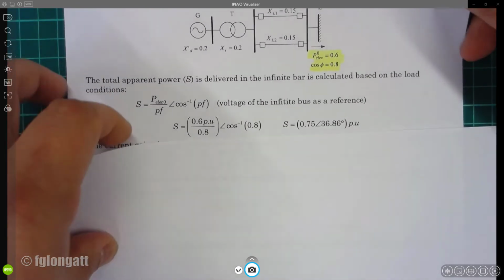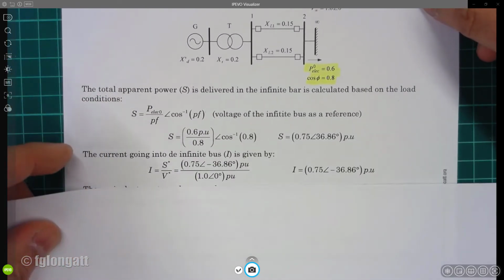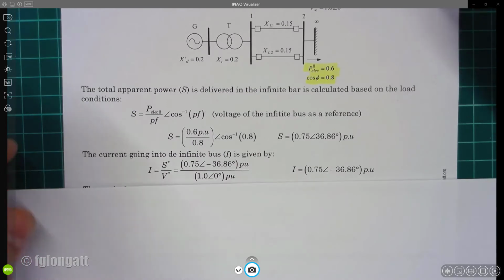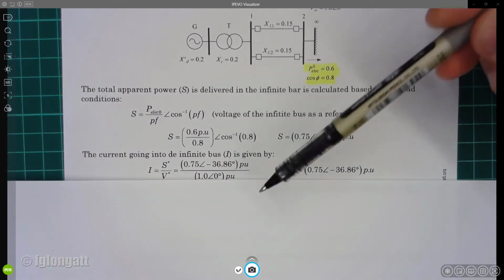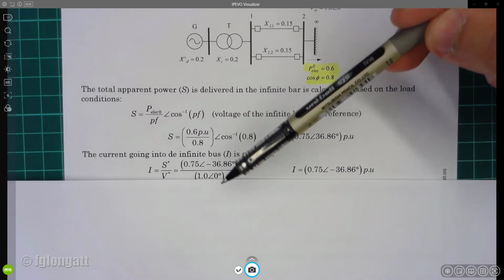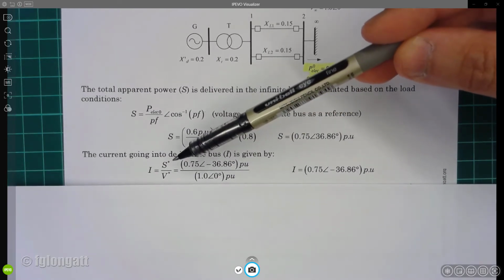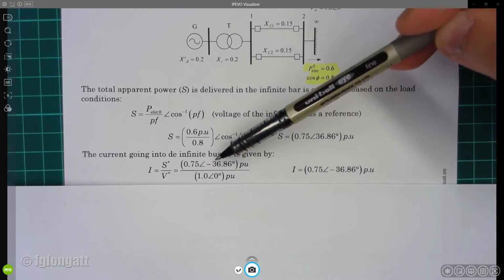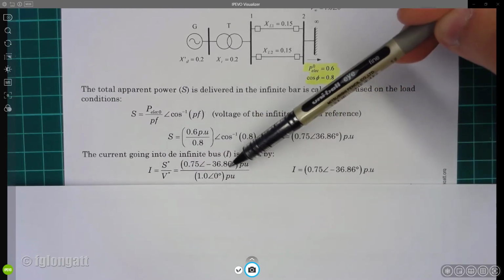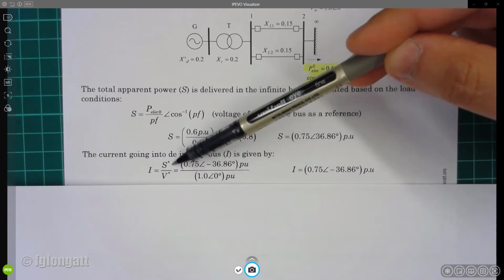That apparent power is creating some current moving through the circuit, and it's very simple to calculate. All my students are quite clever: it's the apparent power conjugate divided by the voltage.